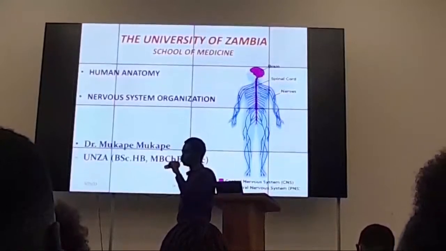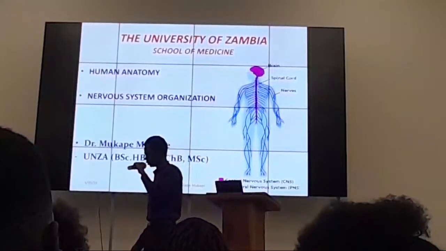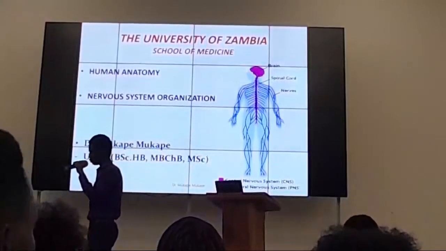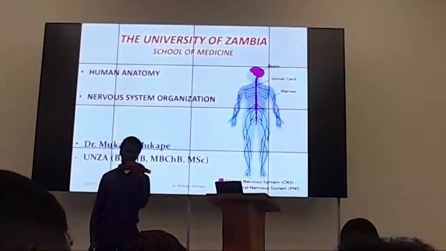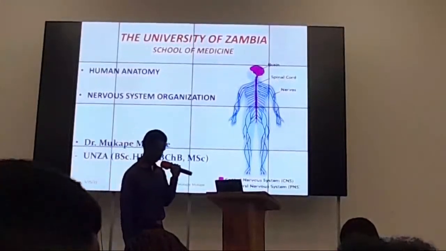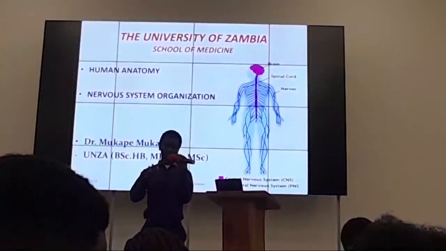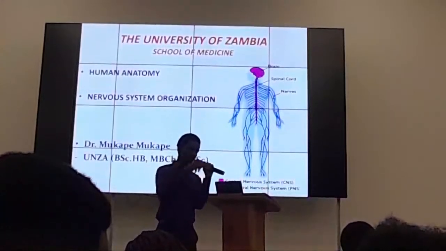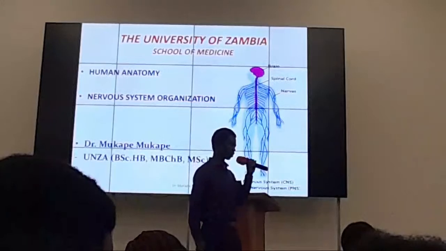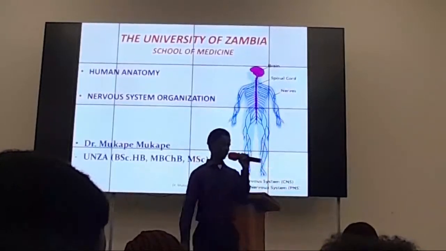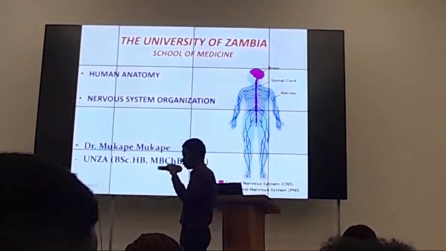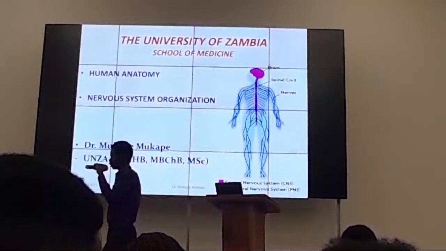That is the enteric nervous system. So this is a system of nerves that is found where? In the gastrointestinal tract, the GIT.